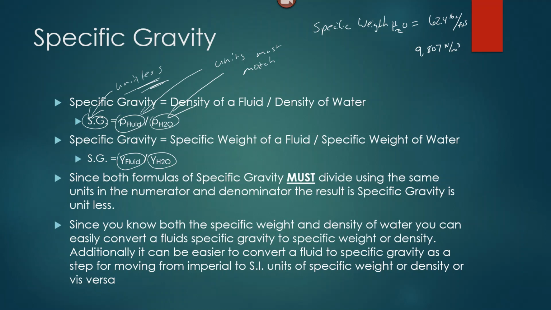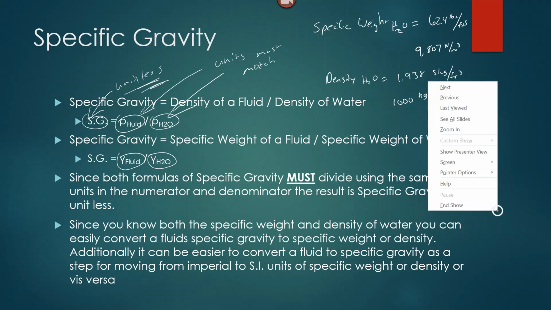And then you have density of H2O, and that is going to be 1.938 slug per foot cubed and 1,000 kilogram per meter cubed. Okay, that's going to be in your unit packet as well, or your formula packet.